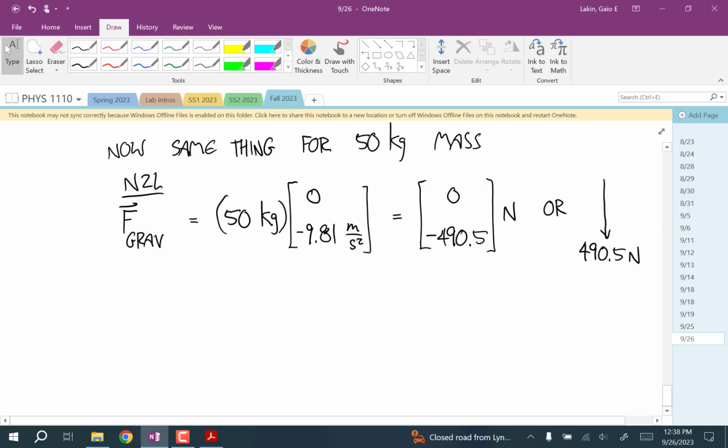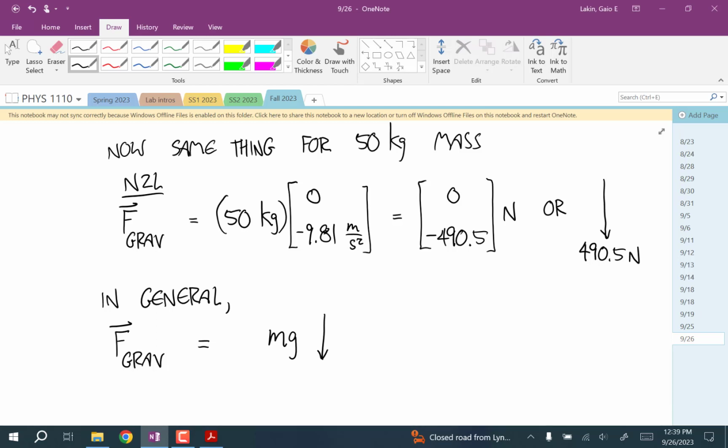So in general, the gravitational force is equal to the mass times the acceleration of gravity down.